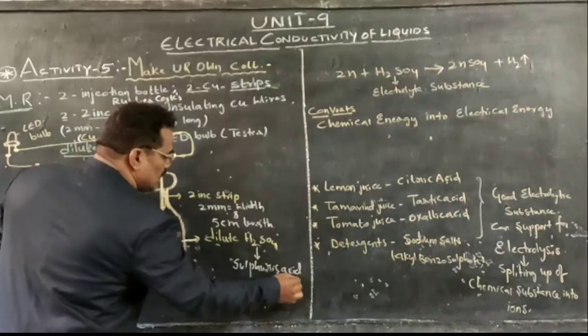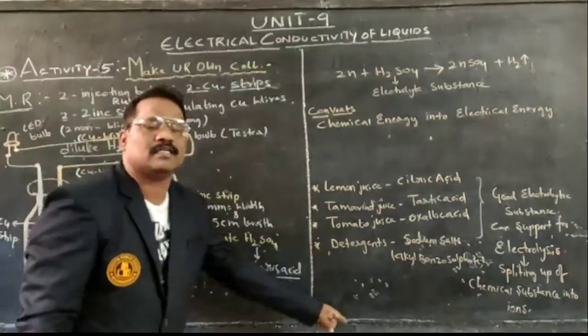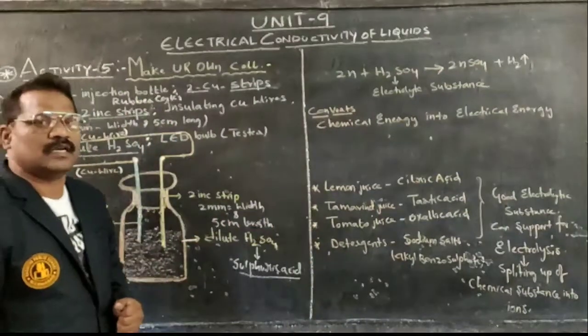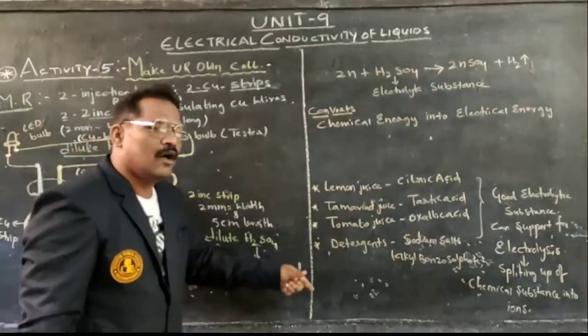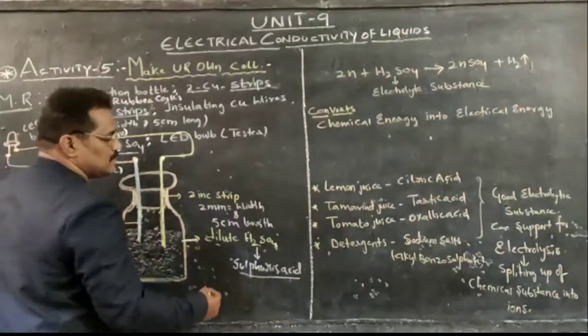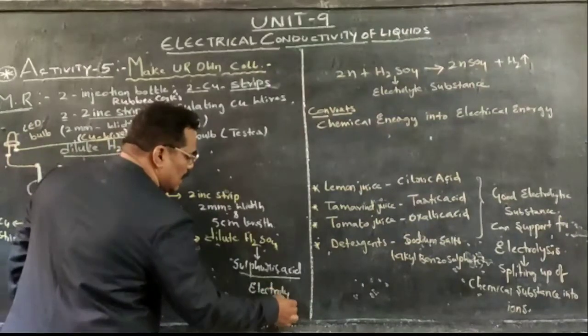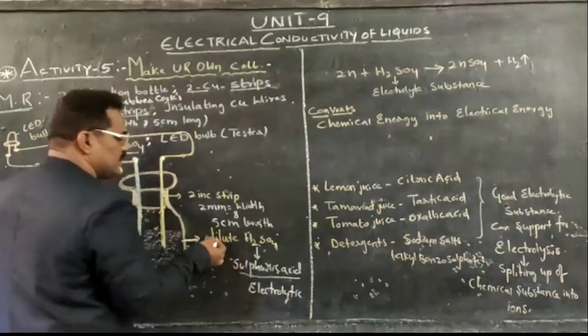All acids are good conductors of electricity, all bases are good conductors of electricity, and all salt substances are good conductors of electricity. Therefore, we can use this sulfuric acid, which is dilute.